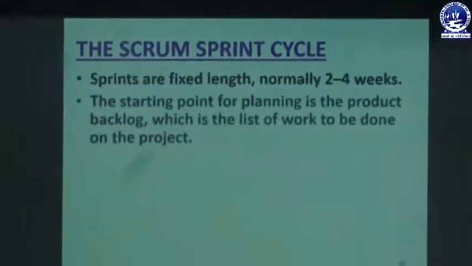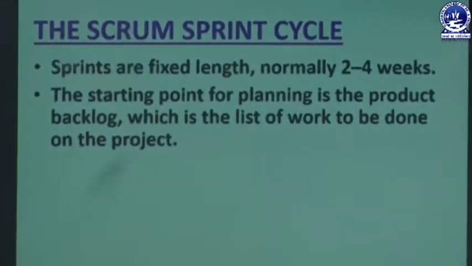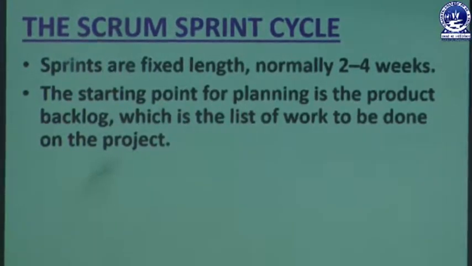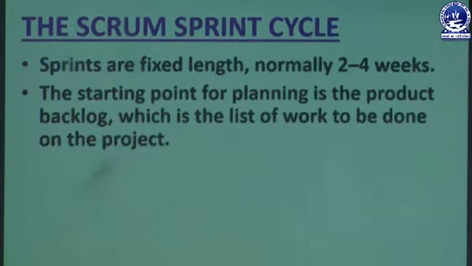The next is the starting point for planning, the product backlog. We have already discussed the product backlog. The product backlog is a to-do list of what to do, how to carry out the sprint cycle. So we will start by planning the product backlog. After planning the product backlog, we have a list of work to be done on that project.